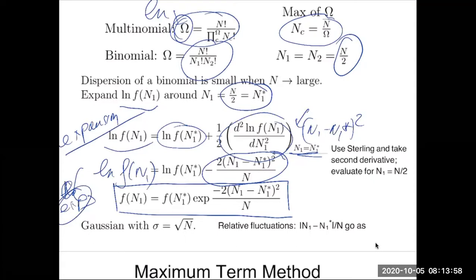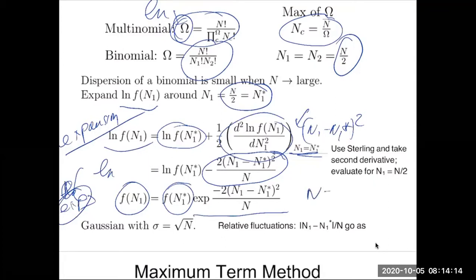So the number of states away from the maximum is the number of states at the maximum with a Gaussian decay. And this is essentially a Gaussian with n being sigma squared, so the square root of n being the standard deviation of the Gaussian.